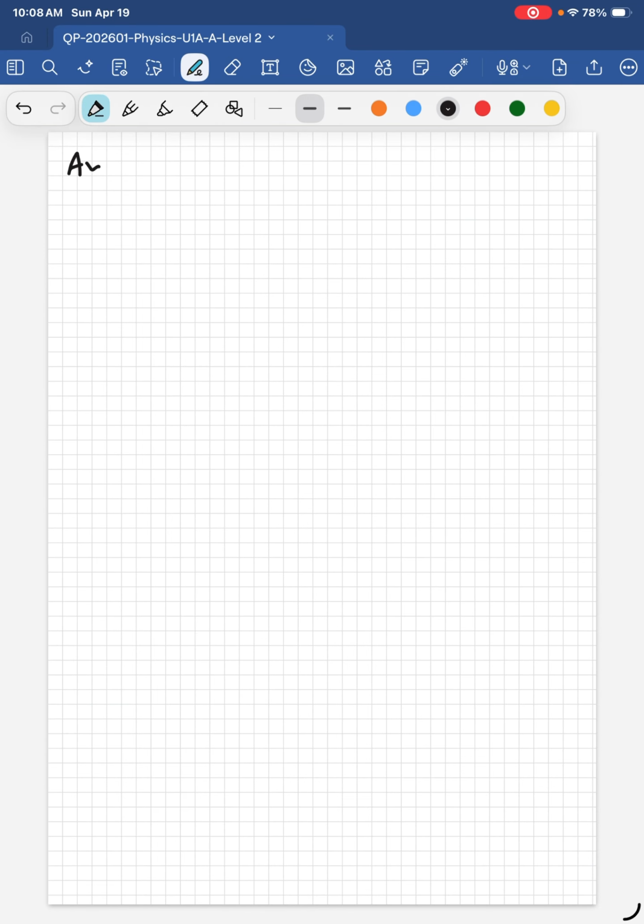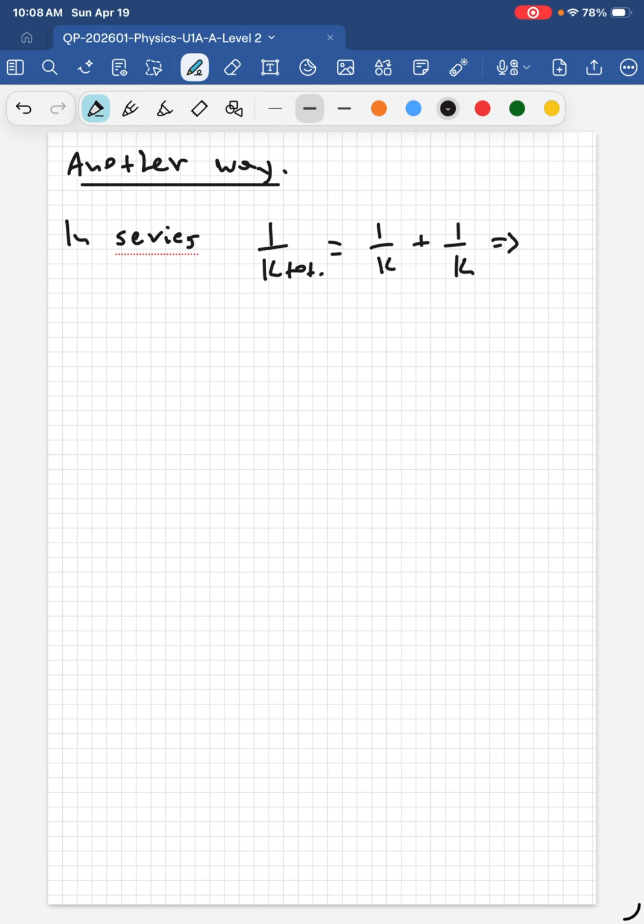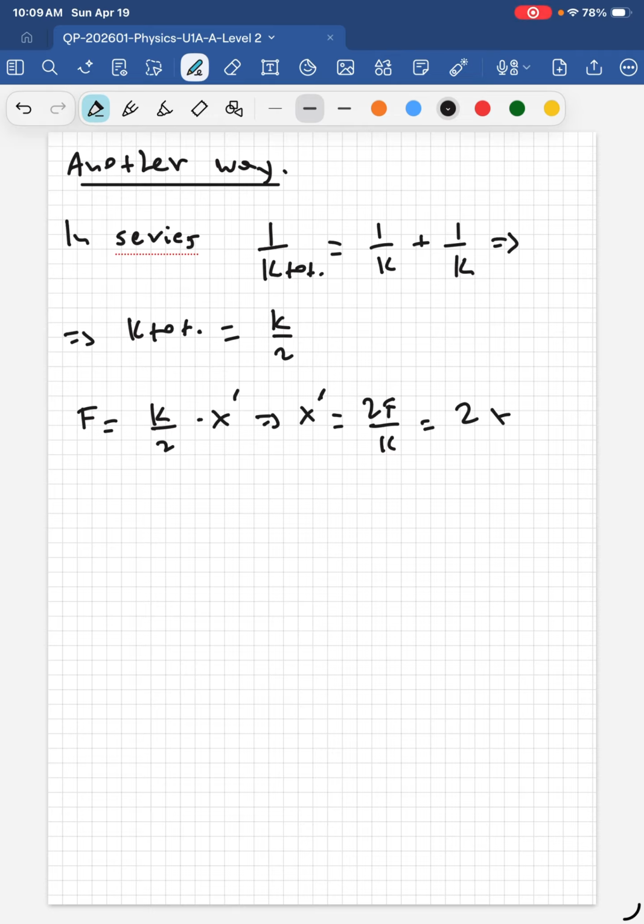Another way is to do the following. Even though it's not in your spec, in general it is known, maybe you learned this at GCSE level, that in series 1 over k total is 1 over k plus 1 over k. So the total k for the spring is k over 2. So F is now k over 2 times x prime, so the extension x prime is 2F over k, which means we have twice the extension.